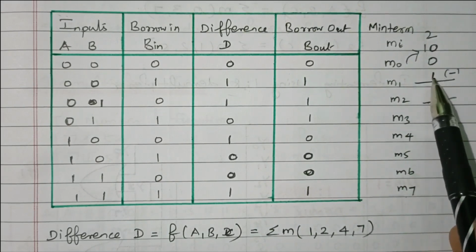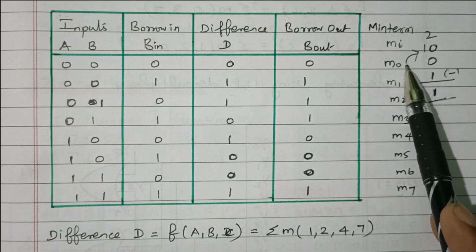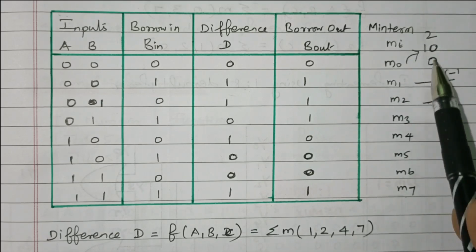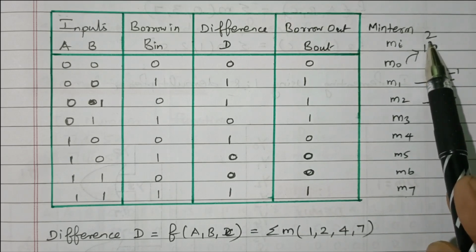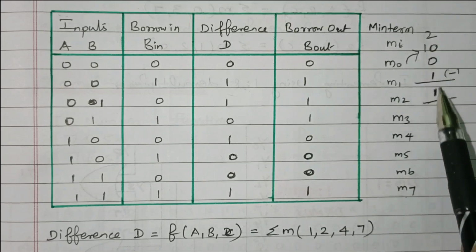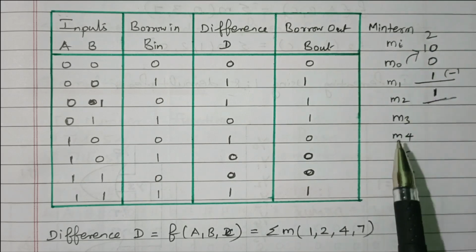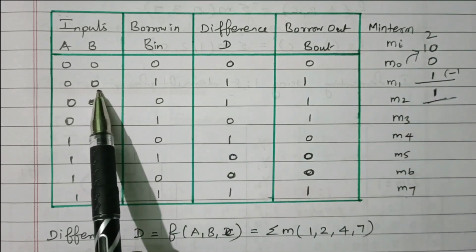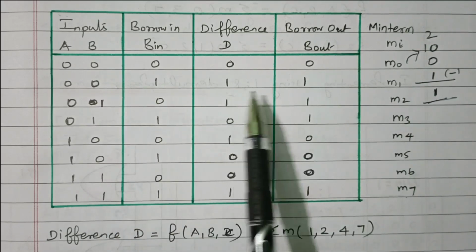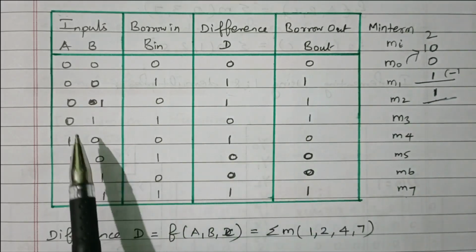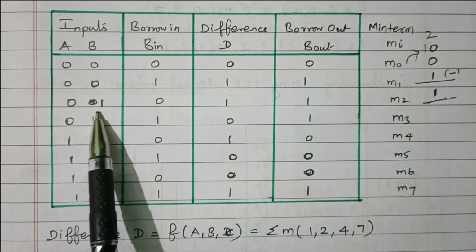Next, 0 minus 1 means we cannot subtract, so we need to borrow from the previous digit. While borrowing 1 from the previous digit, 0 becomes 10, 10 means 2, 2 minus 1 is 1. So the difference is 1 and borrow also 1. Here it is the same thing, 0 minus 1.